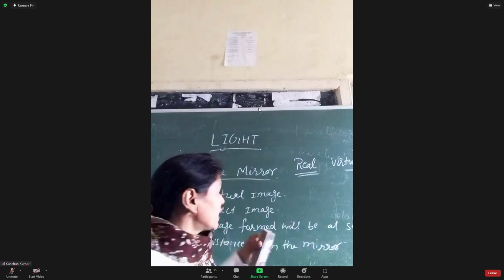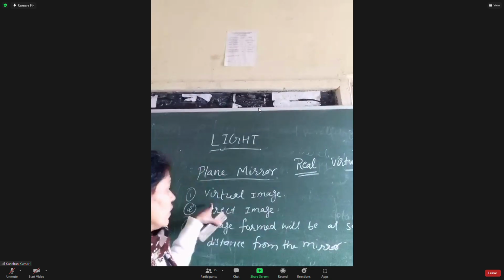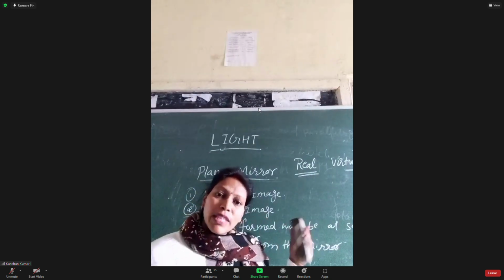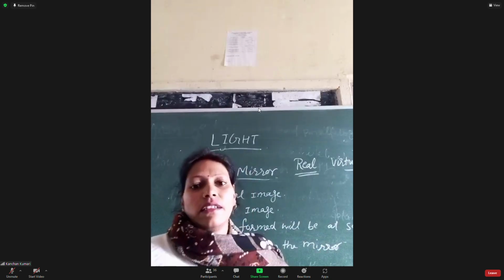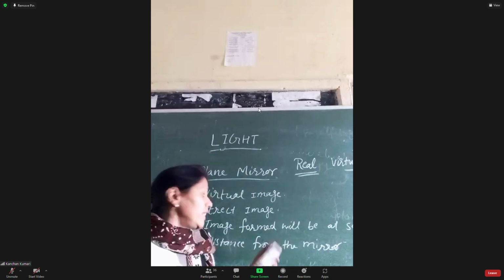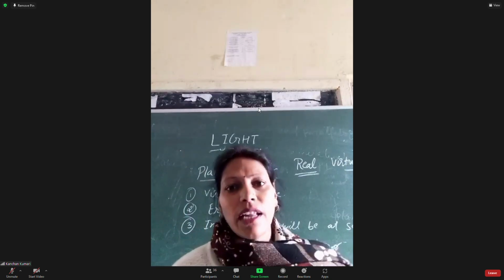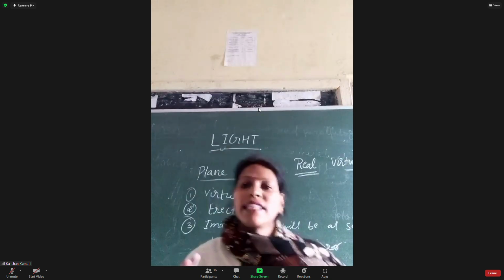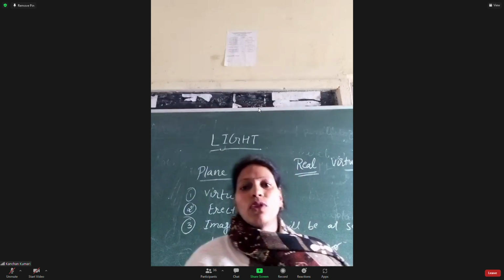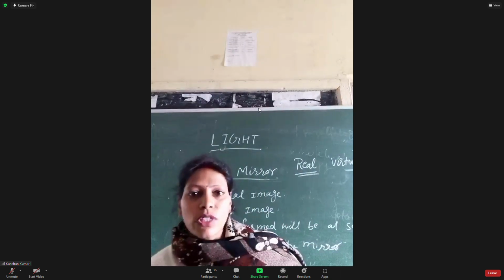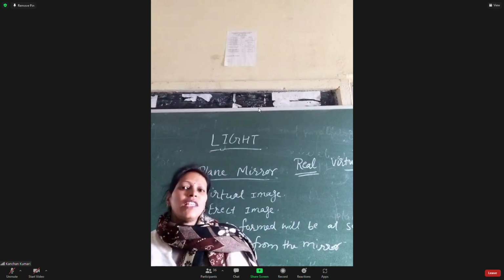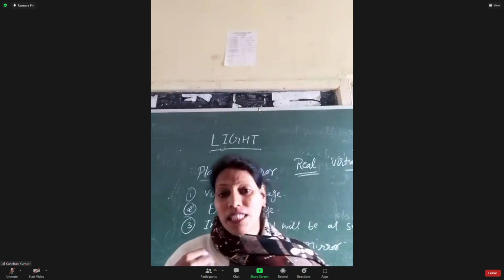The image formed is erect, meaning upright. The image will appear at the same distance inside the mirror. As we move closer, the image appears closer, and when we move far, the image appears far.